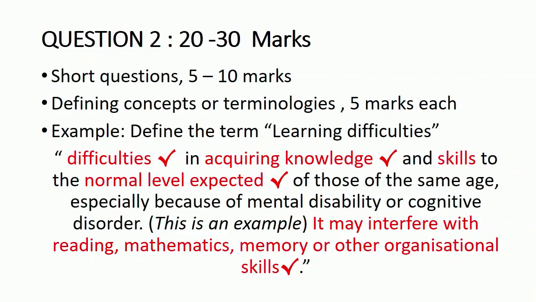A difficulty in acquiring knowledge and skills to the normal level accepted of those of the same age, especially of the mental disabilities or cognitive disorders. This is just an example that I'm giving. It might interfere with the child's reading, mathematics, memory, or other organizational skills. So give a definition where there are facts also involved.